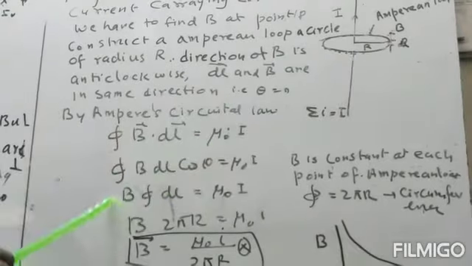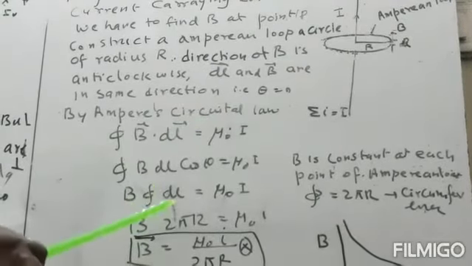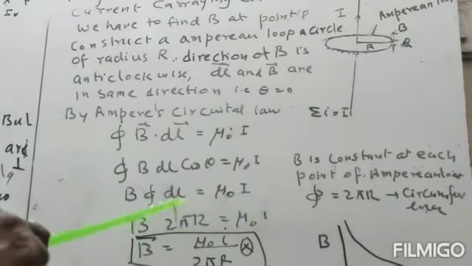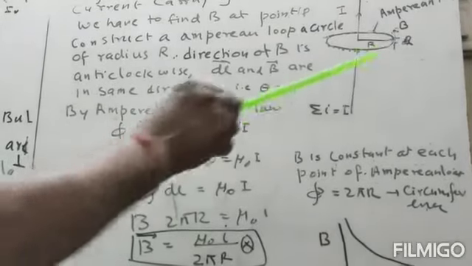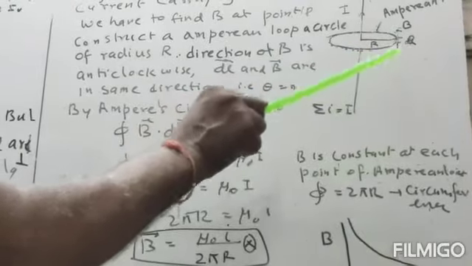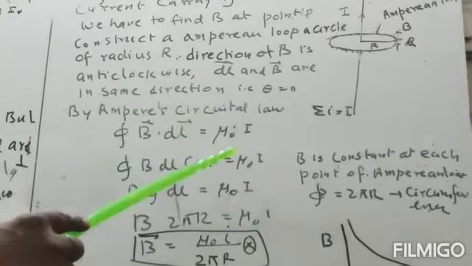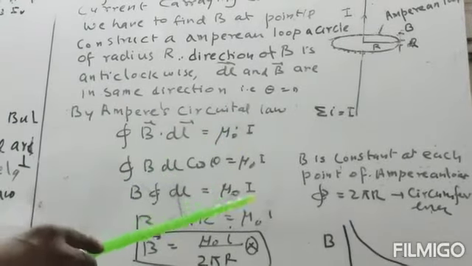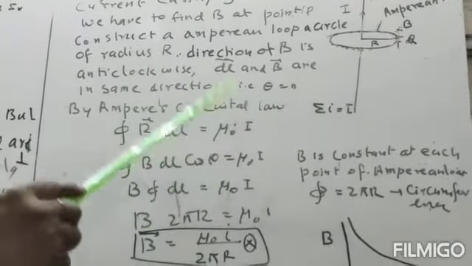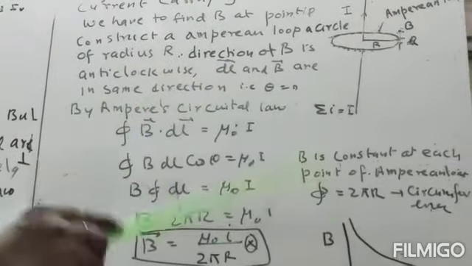So we will take B outside, and the line integral of dl is equal to mu0 into I. Now, what would be the line integral? If we take the small elements, then the total dl will be equal to the circumference of this circle, or circumference of the Ampere loop, and that will be equal to 2 pi r.